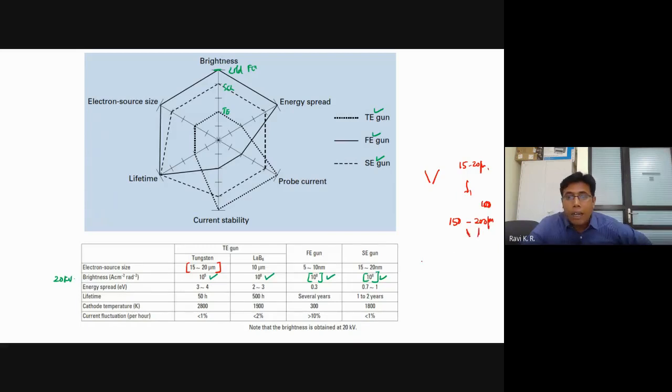That in fact decides this, because you can converge and diverge. Generally we converge this beam to the final diameter, so at minimum you can get somewhere around 15 to 20 micrometer as your electron source size. In the LaB6, you can decrease by 2 orders.